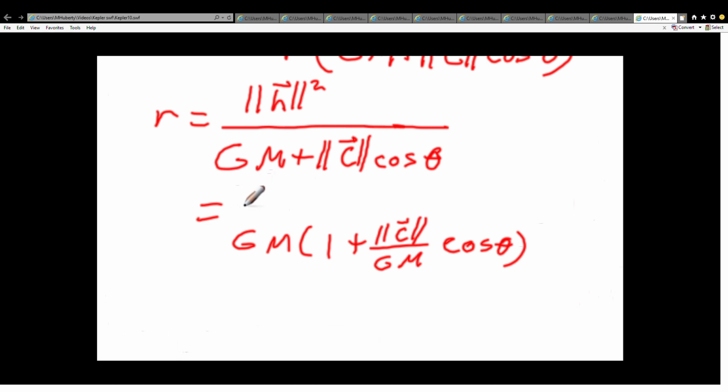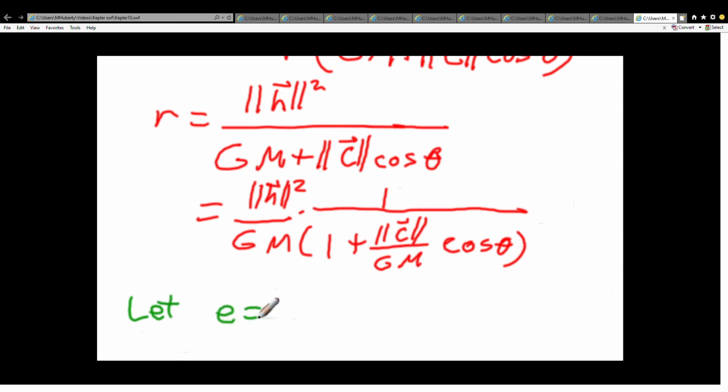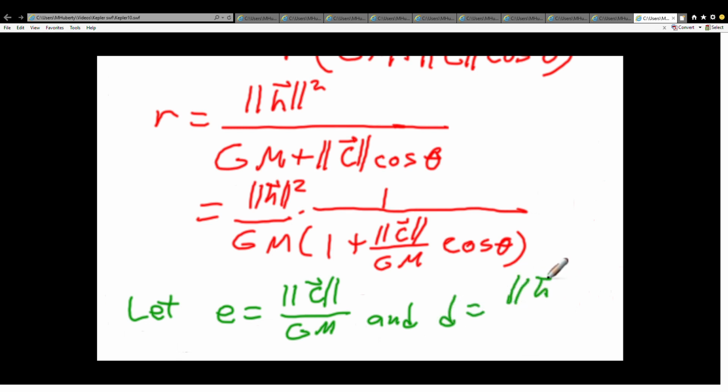On the numerator we still have the magnitude of vector h squared, and I'm going to rewrite it as two separate fractions. Then I'm going to define a couple of things. Let E be the magnitude of vector c over GM, and let D be the magnitude of vector h squared over the magnitude of vector c.